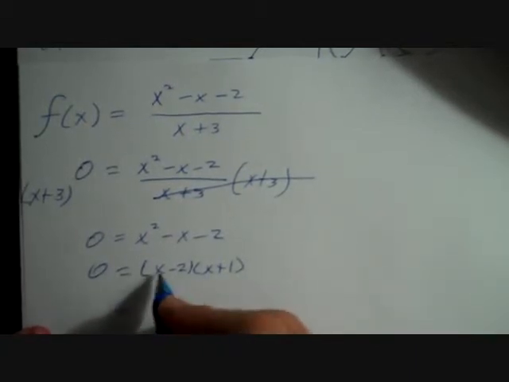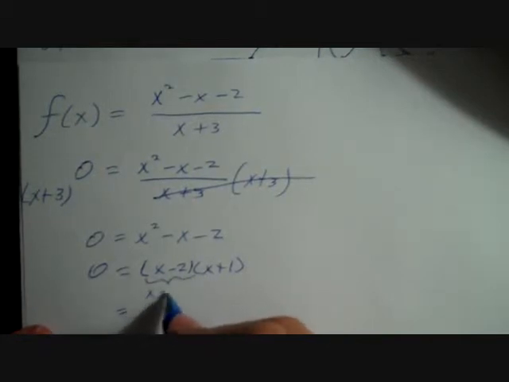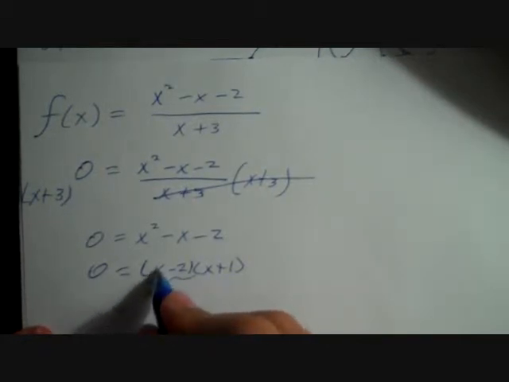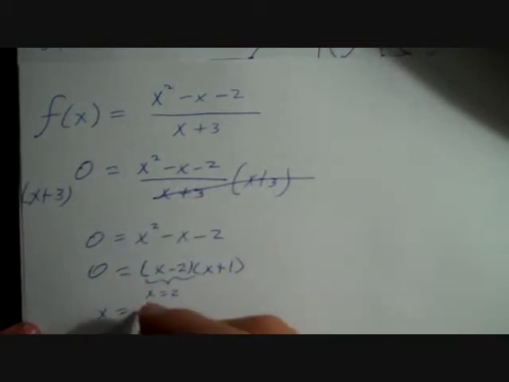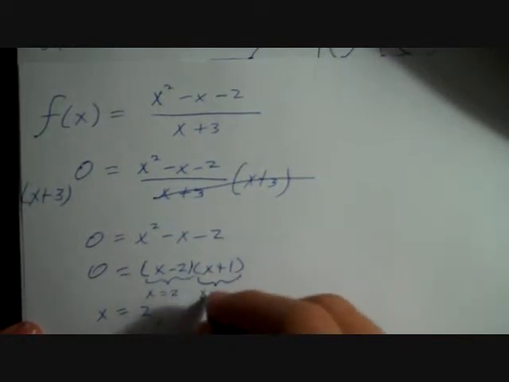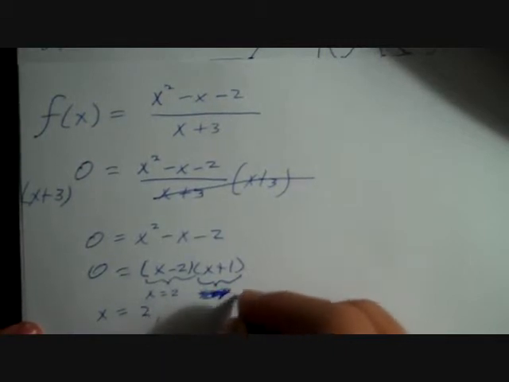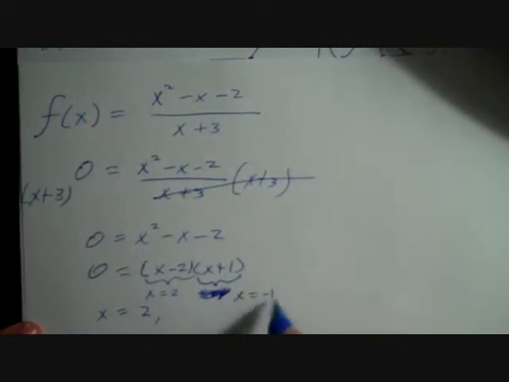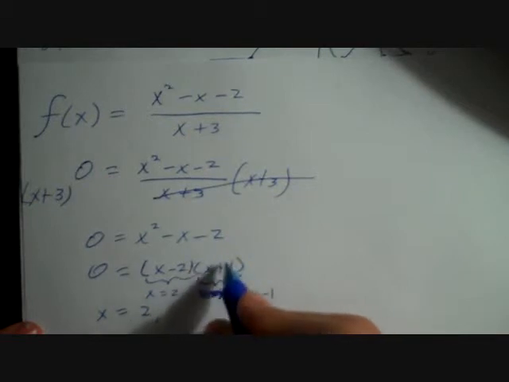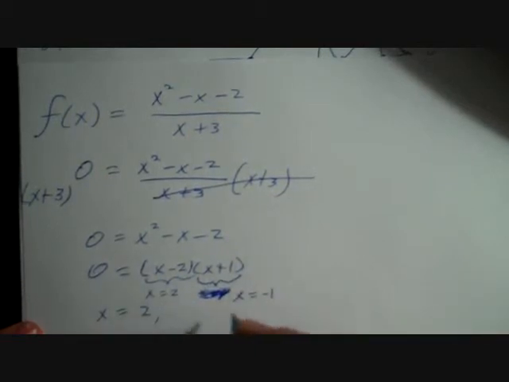So where is this equal to 0? Well, at x equals 2, this will be 2 minus 2, so that's 0, and this whole thing will be 0. And at x equals negative 1, this is negative 1 plus 1, so this is 0, and that times anything is 0.